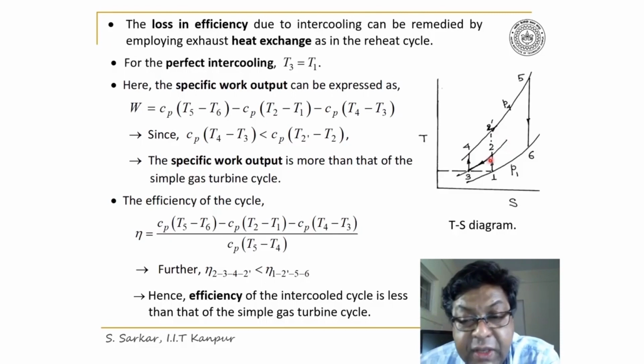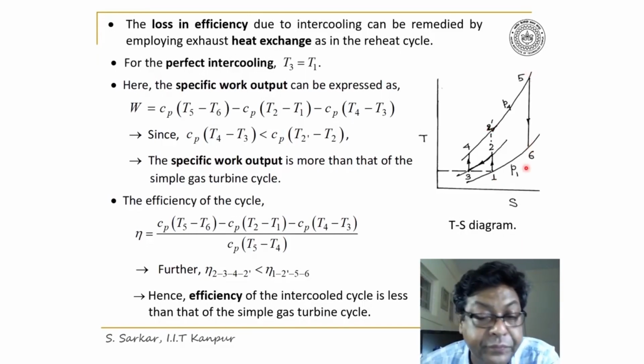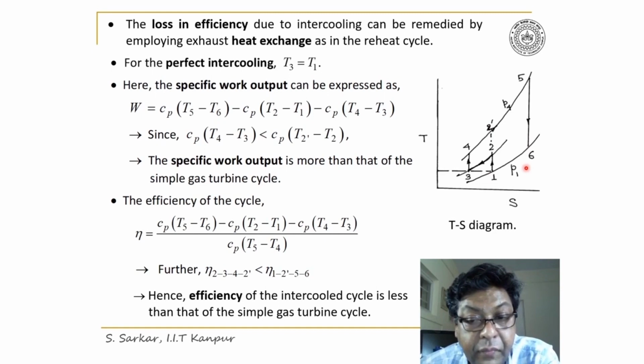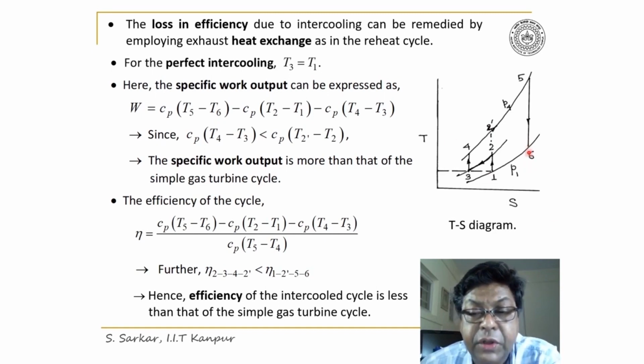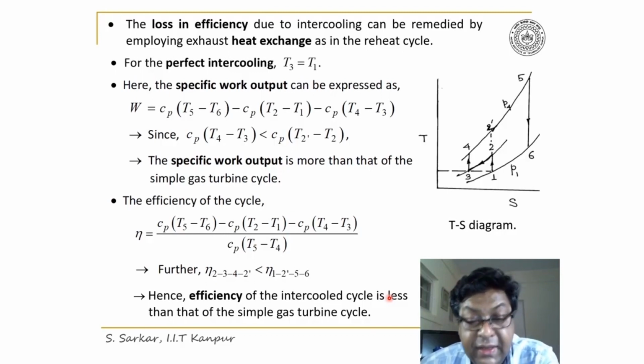The efficiency of this cycle is less than the efficiency of the cycle 1, 2 dash, 5, 6. Now the combination of the two is the intercooled cycle, and hence the efficiency of the intercooled cycle is less than that of the simple gas turbine cycle.